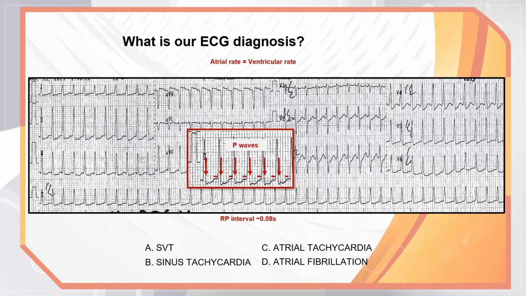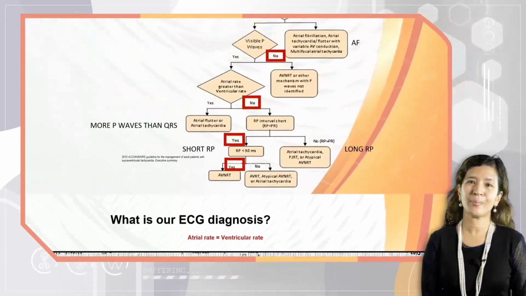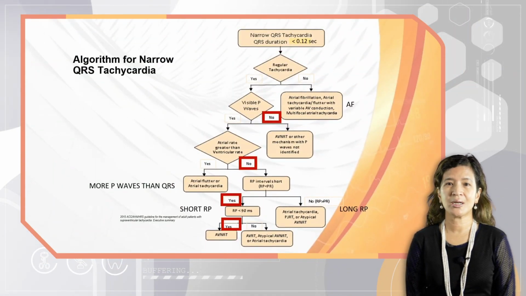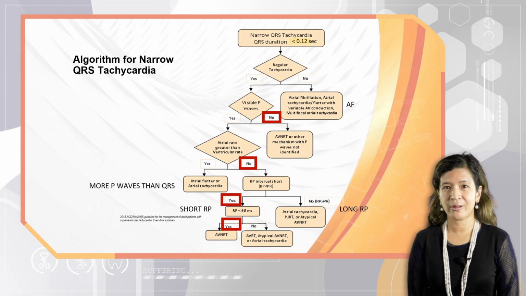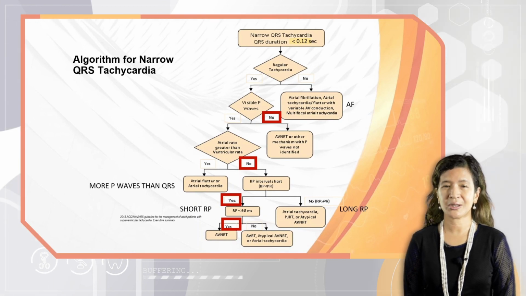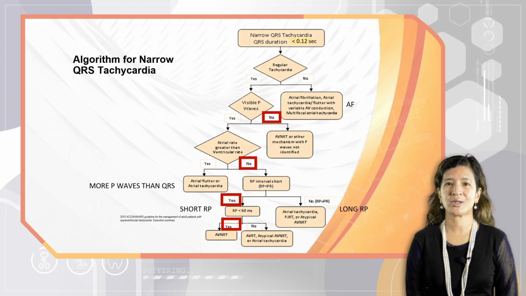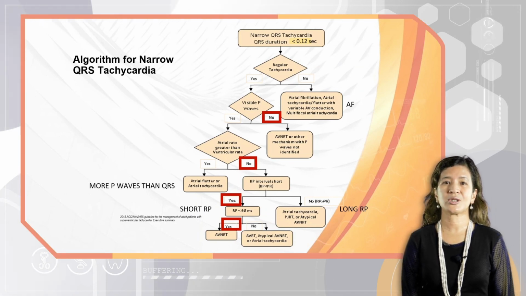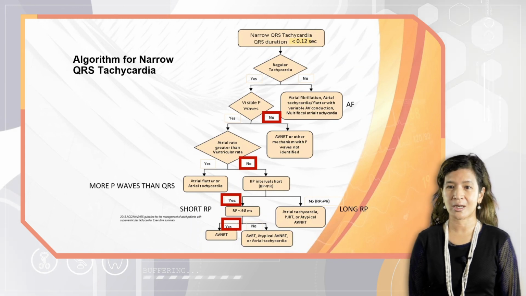Okay, so we have this algorithm that may help us narrow down the particular type of SVT. The starting point in the algorithm is a narrow QRS tachycardia. Again, as a reminder, it is a rhythm faster than 100 beats per minute, where the QRSs are less than 0.12 of a second.